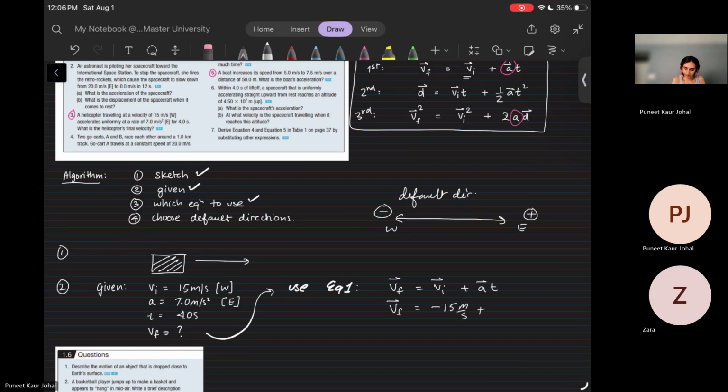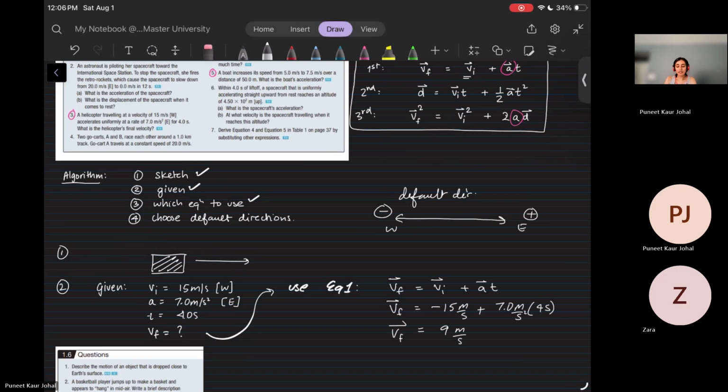And acceleration? 7 meters per second squared, times 4 seconds. Perfect. Let's do the math. Negative 15 meters per second plus 7 times 4. 7 times 4 is 28, so negative 15 plus 28 is 13 meters per second.